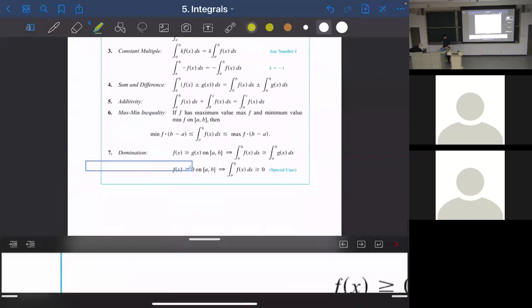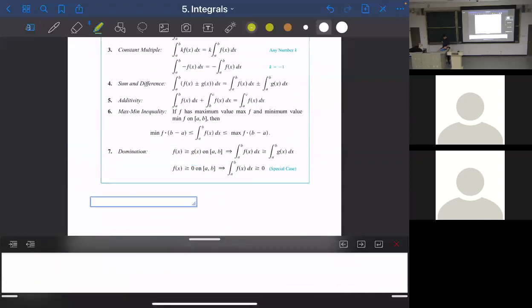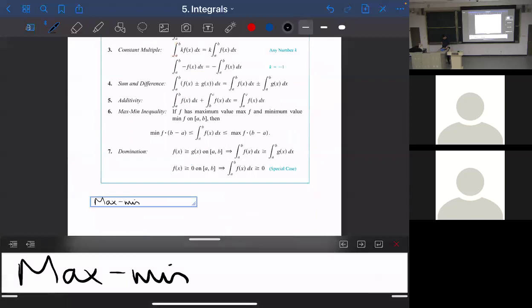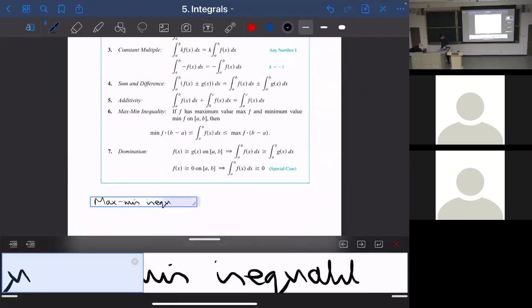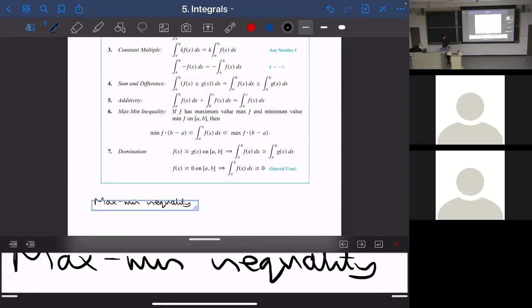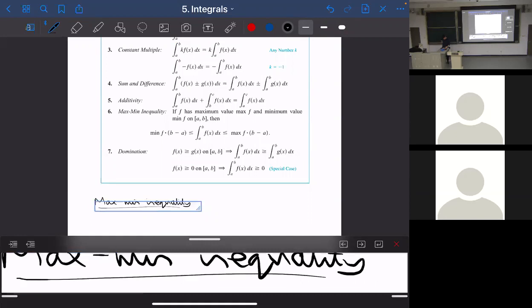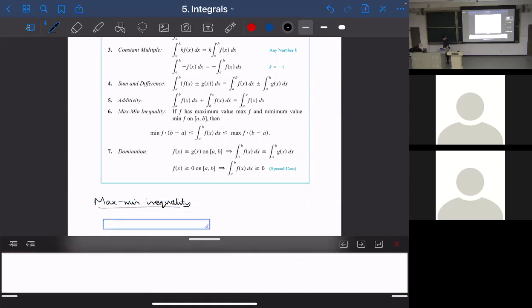And so then we just have this 6 and 7. So call it the max-min inequality. And this is quite important theoretically.